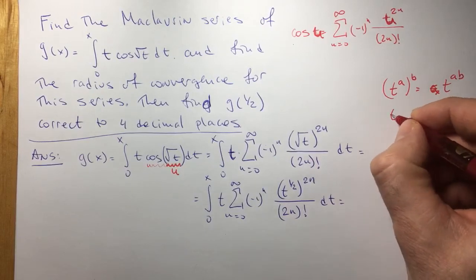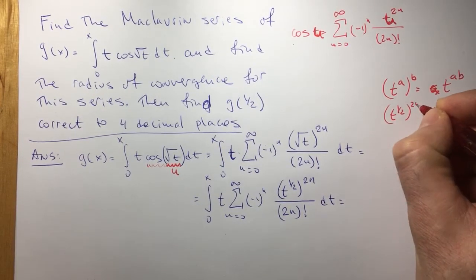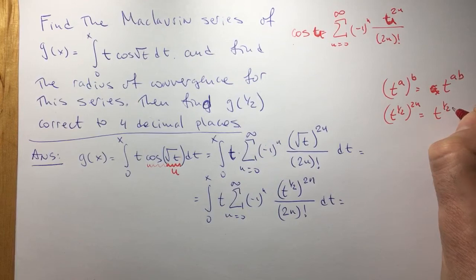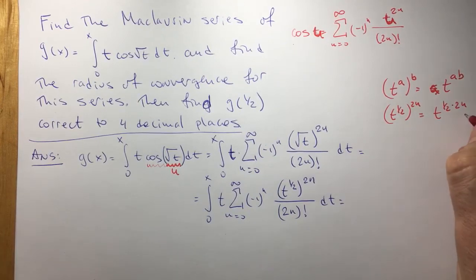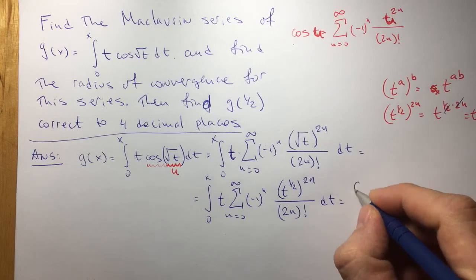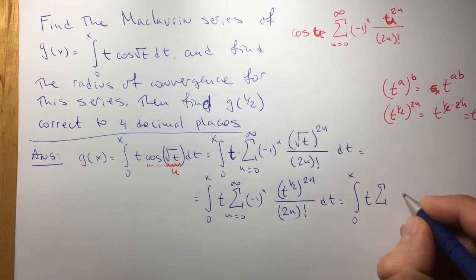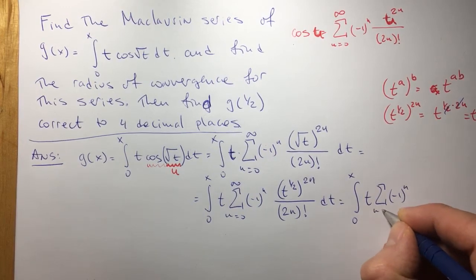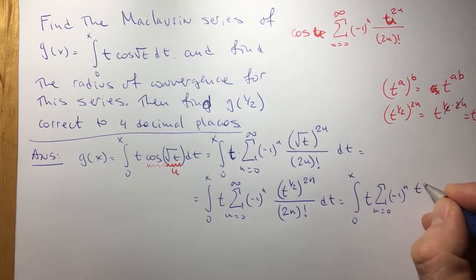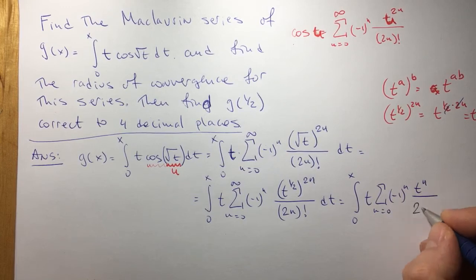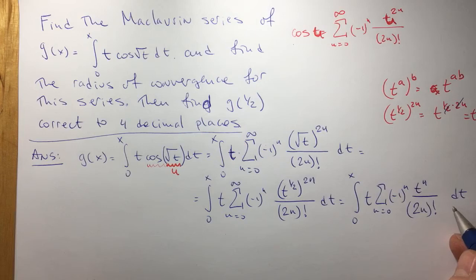In our case, t to the power 1/2 to power 2n is t to the power 1/2 times 2n, in which these two cancel, and I'm left with t to the power of n. So this is equal to the definite integral from 0 to x of t times negative 1 to the power n, t to the power of n over 2n factorial, and then this dt goes with the integral.